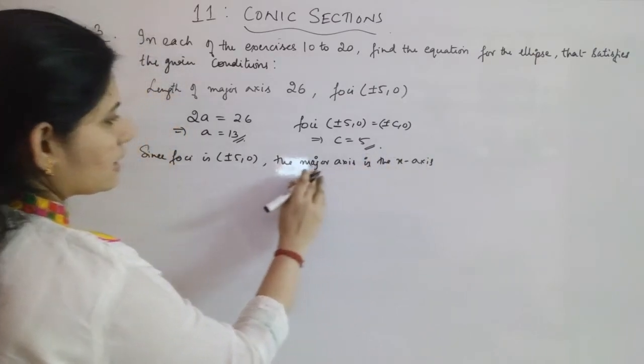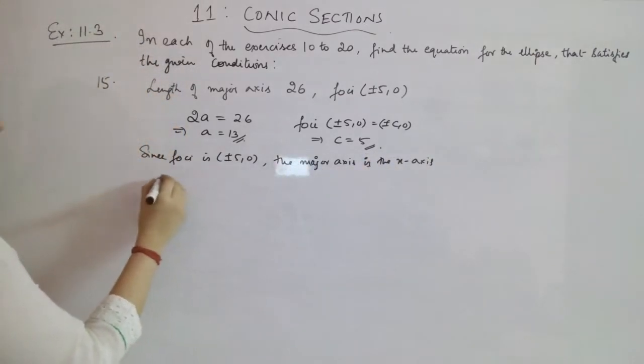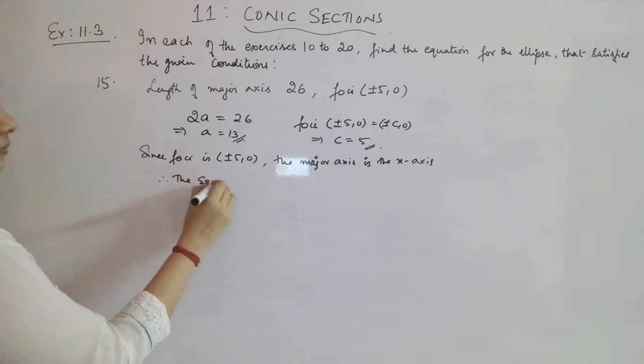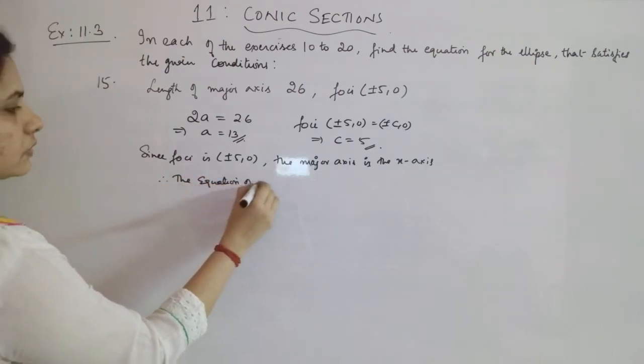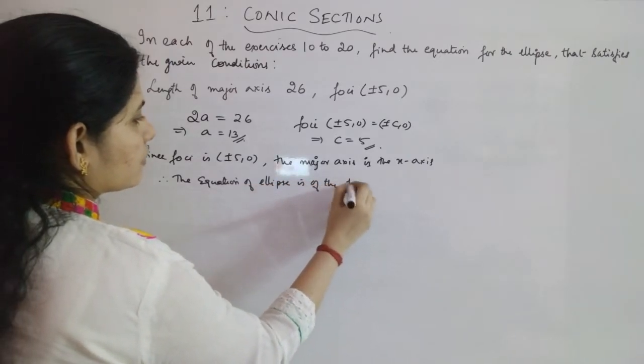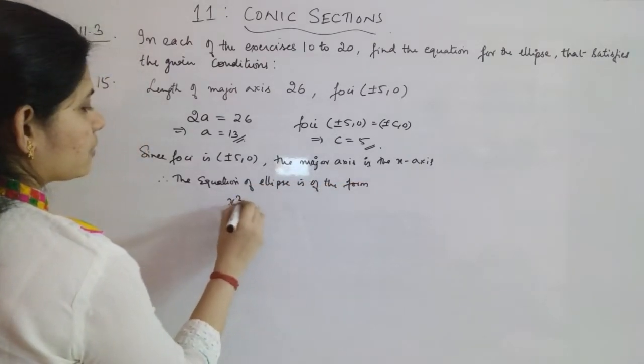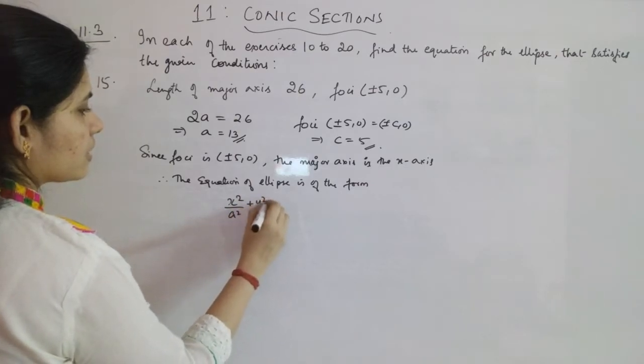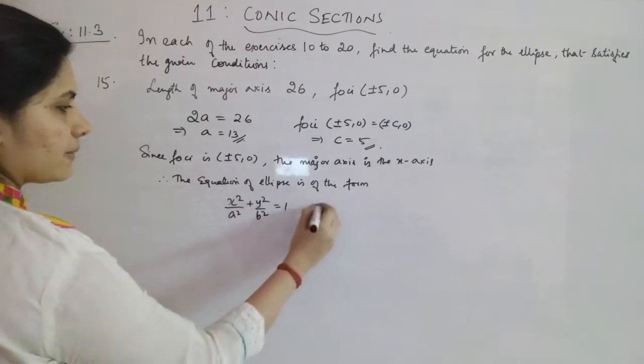Okay, major axis is the x axis. Therefore, the equation of the ellipse should be of the form x square by a square plus y square by b square equal to 1.